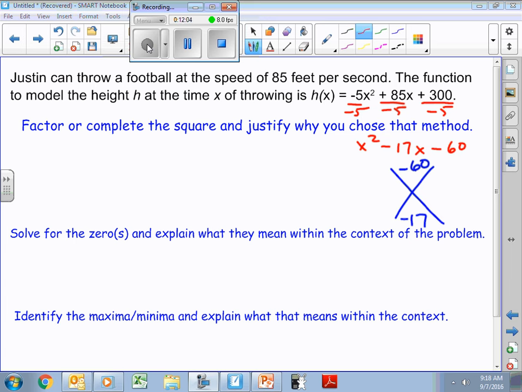Negative... Yeah, because it's 5 and 12. When you multiply them, it gives you that. But when you add them together... Oh, you add them. I thought because it's the negative, you would subtract them. Yes, right. What did you say? It's 3 and 20. Negative 20 and 3.